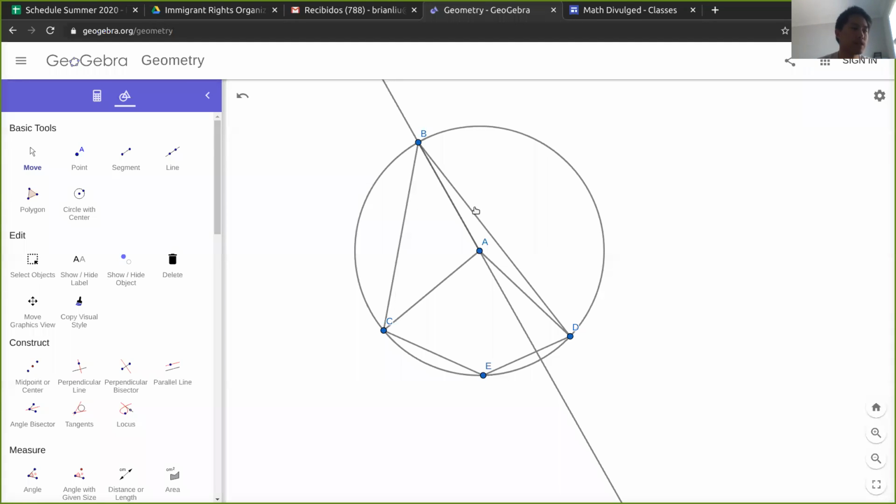So CBD and CED are supplementary. So two properties that tell you four points are cyclic on the same circle is if you find two angles equal, like CBD and CED, or if you find two angles supplementary, like CBD and CED here. And this is an if and only if.